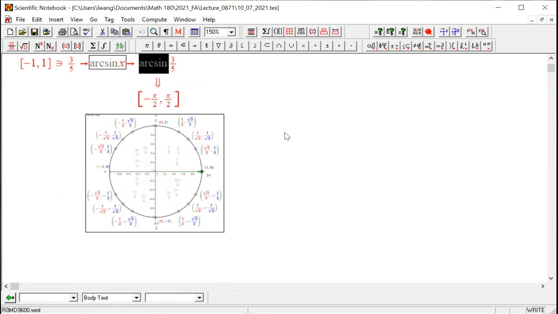ArcSine. The domain is from -1 to +1, the blue number. The range is between -π/2 to π/2, which means you can only measure the angle counterclockwise all the way up here. That's the limit.